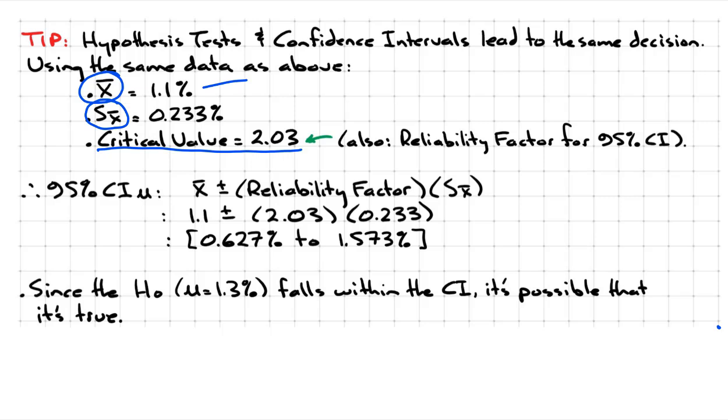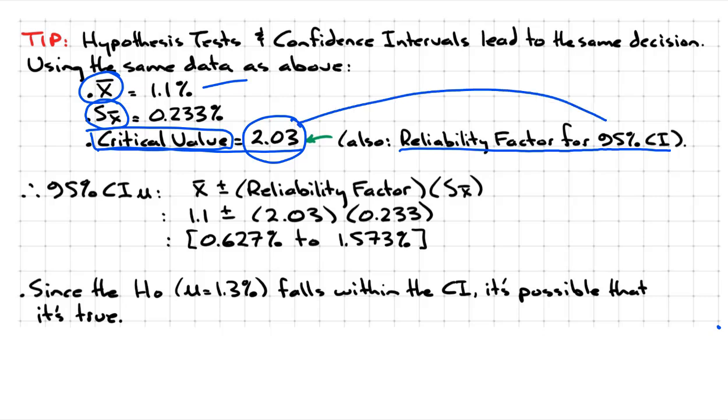And again, we showed how we got this from the table. Now, this is also referred to as a reliability factor for a 95% confidence interval. So it's just terminology. Whether we refer to it as critical value or reliability factor, it's the same thing. Basically, it's saying how many standard errors you need to deviate from the null in order to cover a 95% range.